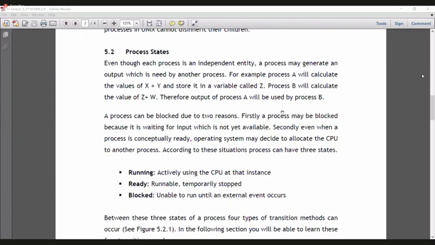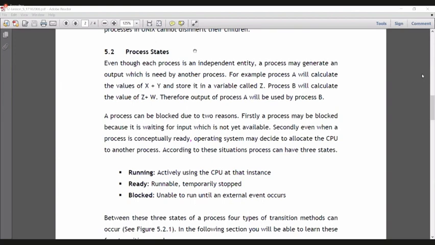One process may generate output that can be used by another process. That means there's a kind of dependency also. So if one process is independent from another, they can run independently, but one may wait for results from another process.